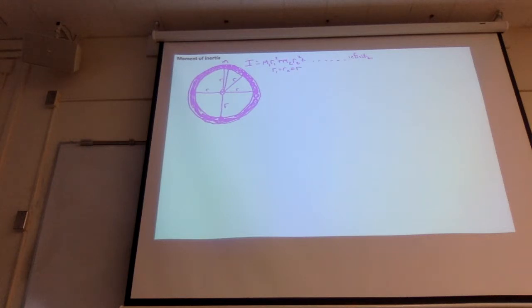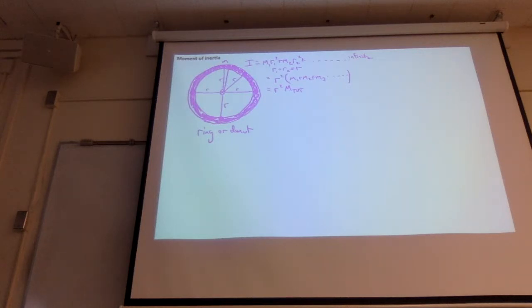So let's factor out the R squared. And then I've got M1 plus M2 plus M3 to infinity, which is really just all of the mass, the total amount of mass that forms that ring.